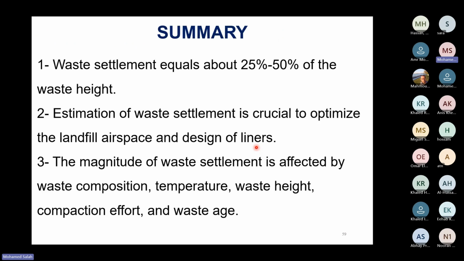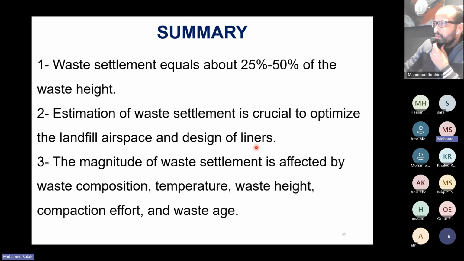So at this point, let's summarize this lecture. What are the key points or the take-home messages we can get from these lectures? First thing is that the waste settlement is equal to about 25% to 50% of the waste height. Estimation of waste settlement is crucial to optimize the landfill airspace and design of liners.